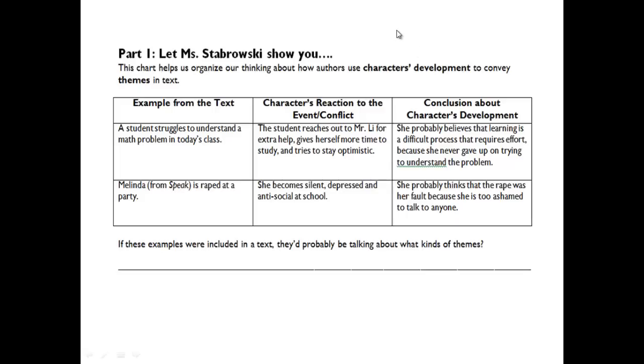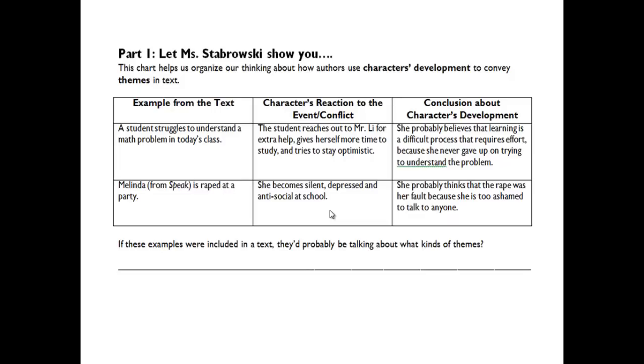This example is from a book you read last year called Speak. Melinda, the main character, is raped at a party. Tragic. The reaction to this major event in her life is that Melinda becomes silent, depressed, and antisocial at school. The conclusion that we can draw as good readers is that Melinda probably thinks that the rape was her fault because she's too ashamed to talk to anyone.